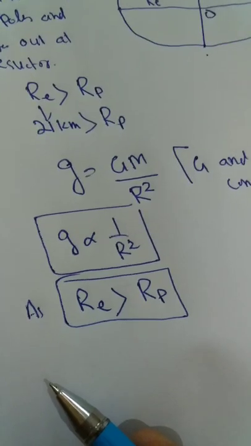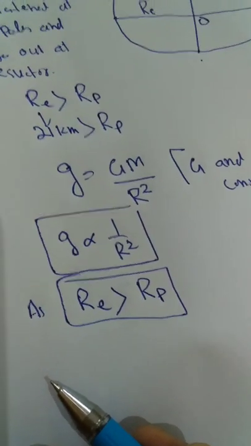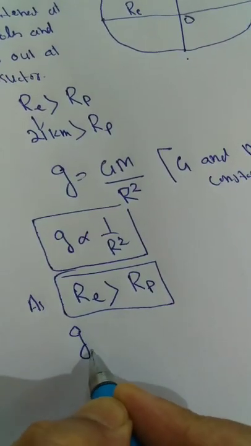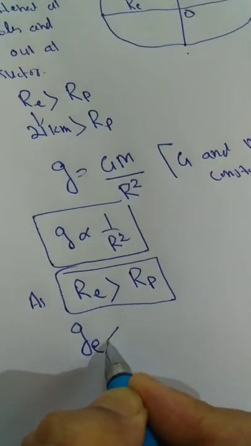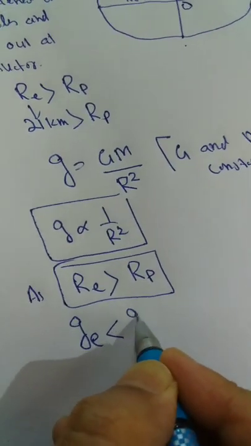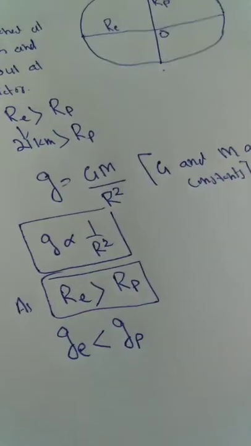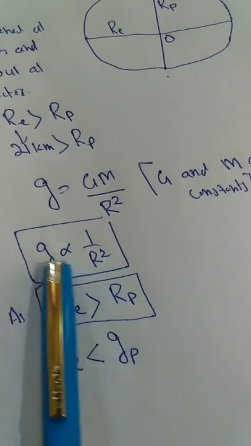That means acceleration due to gravity at the equator is less than acceleration due to gravity at the poles, since they have an inverse relation.